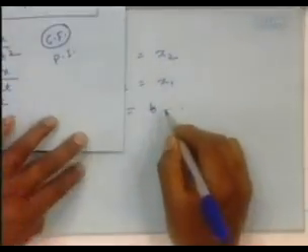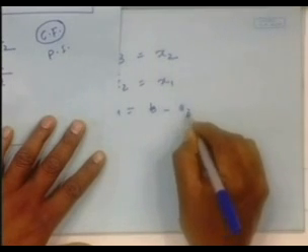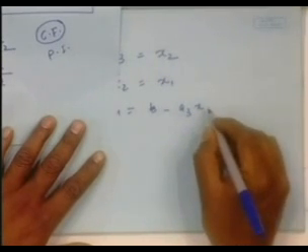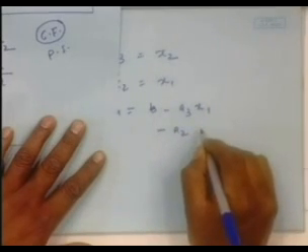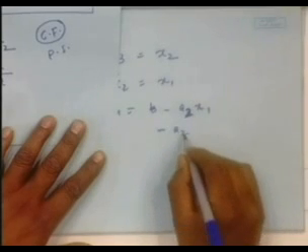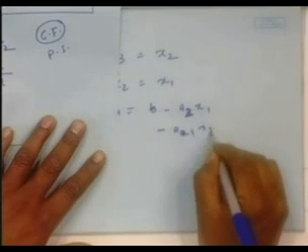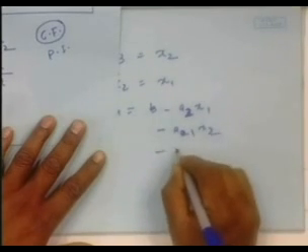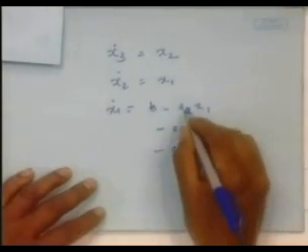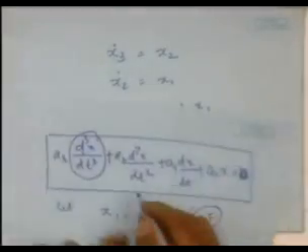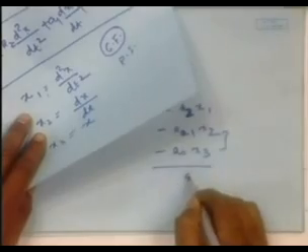In that case, this turns out to be minus a2 into x1, minus a1 into x2, minus a0 into x3, and the whole thing divided by a3, is it not?